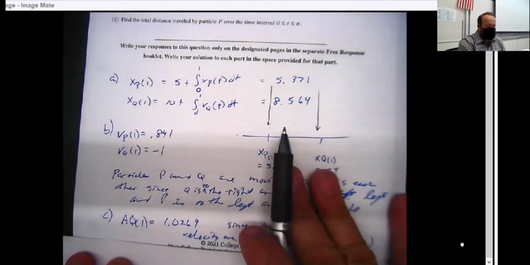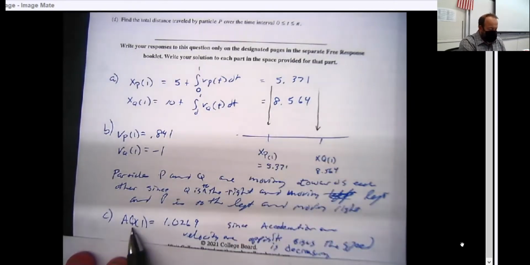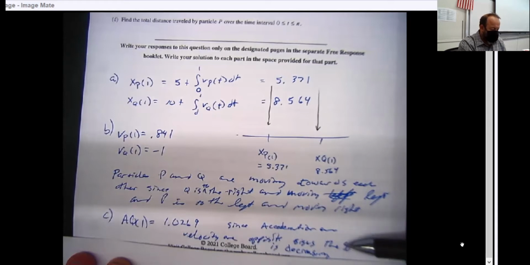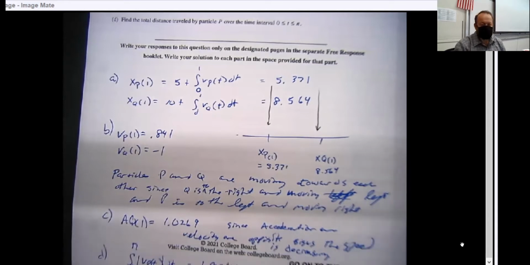Again, this is calculator active, so I just use a numerical derivative of the Q function, a sub v sub Q. Since the acceleration and the velocity have opposite signs, because up here we figured out that the velocity was negative and the acceleration was positive, that tells me that the speed is decreasing, or in fact it is slowing down.